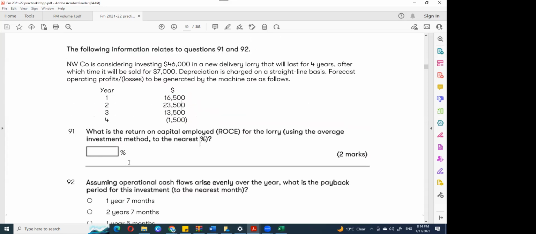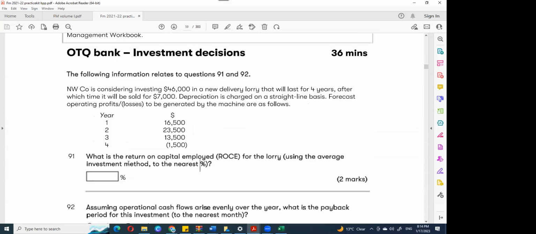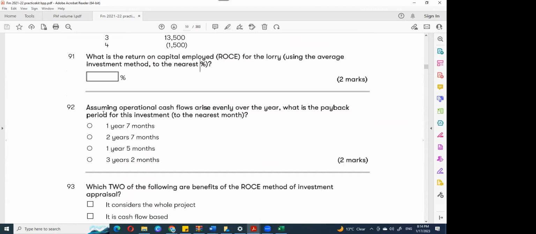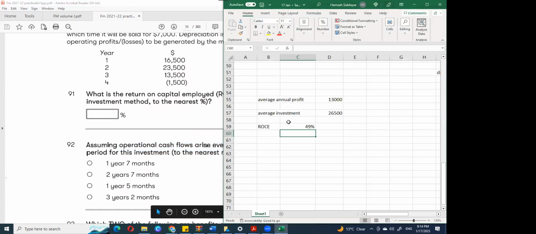Now the second part is tough. Assume operating cash flow arise. What is the payback period for it? Now students, just see here. Question number 92. I was waiting for that question.